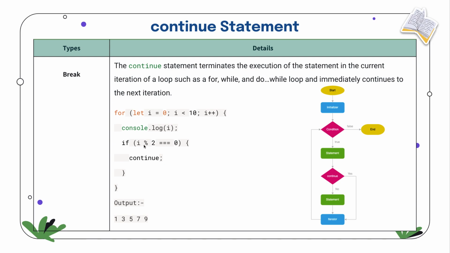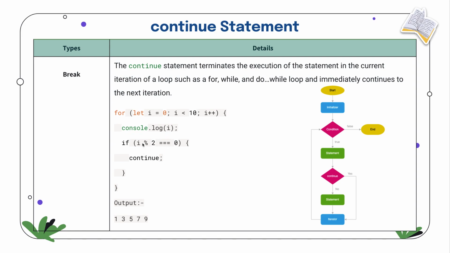If the remainder of 2 will be 0, that means it will continue, it will skip that. If the remainder will be 0, 2 by 2 remainder will be 0, 4 by 2 remainder will be 0, 6 by 2, 8 by 2 remainder will be 0. So 2, 4, 6, 8, these all will be 0. So that's why it will not print, right?